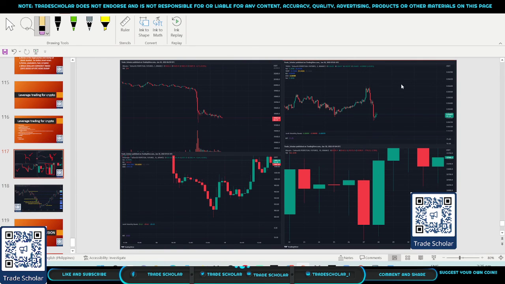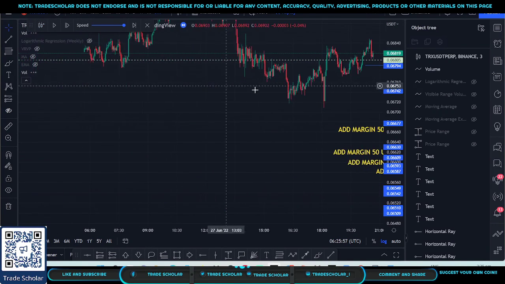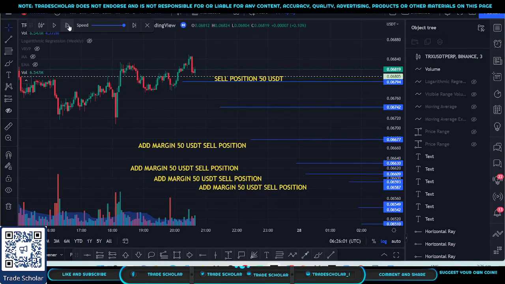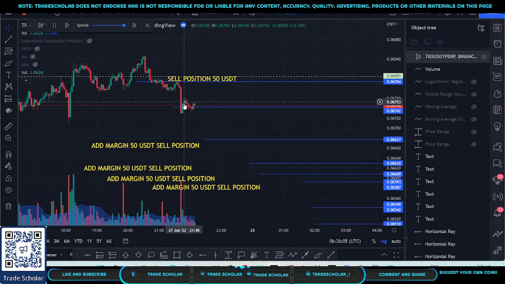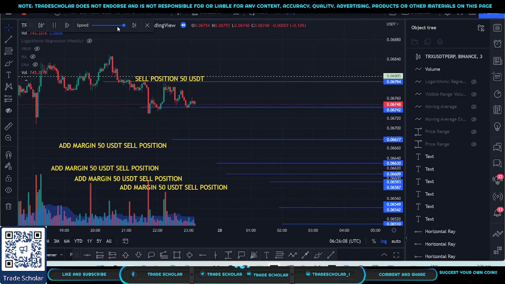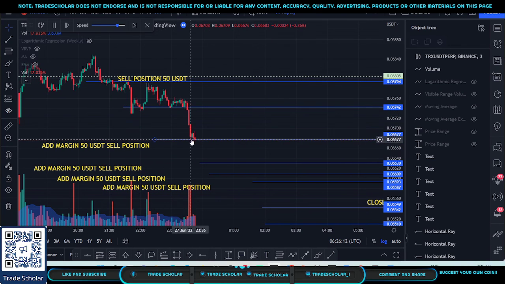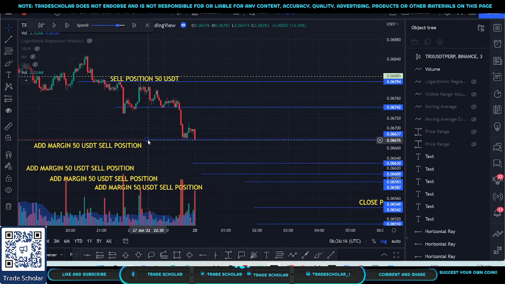Let me show you an example. So, let's play this one here. You see a drop and then a test here, and then a breakout and then drops again. What I usually do is I put an alarm.